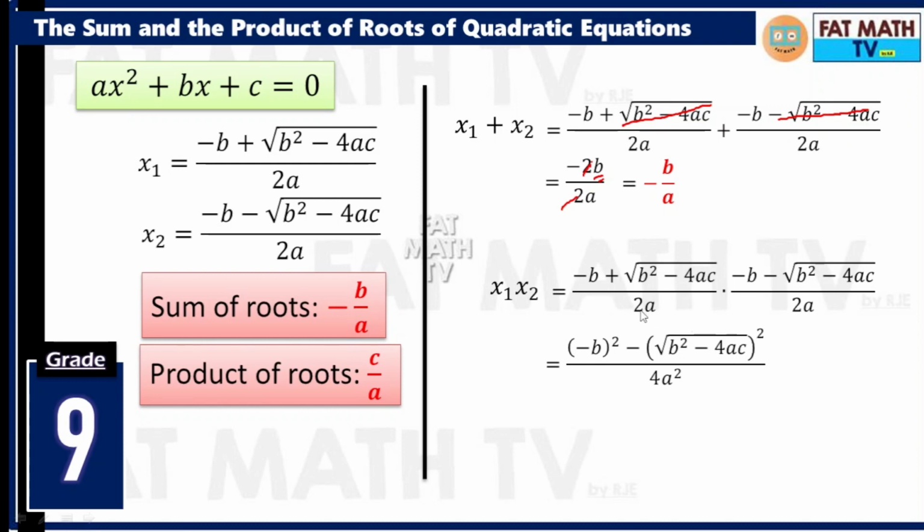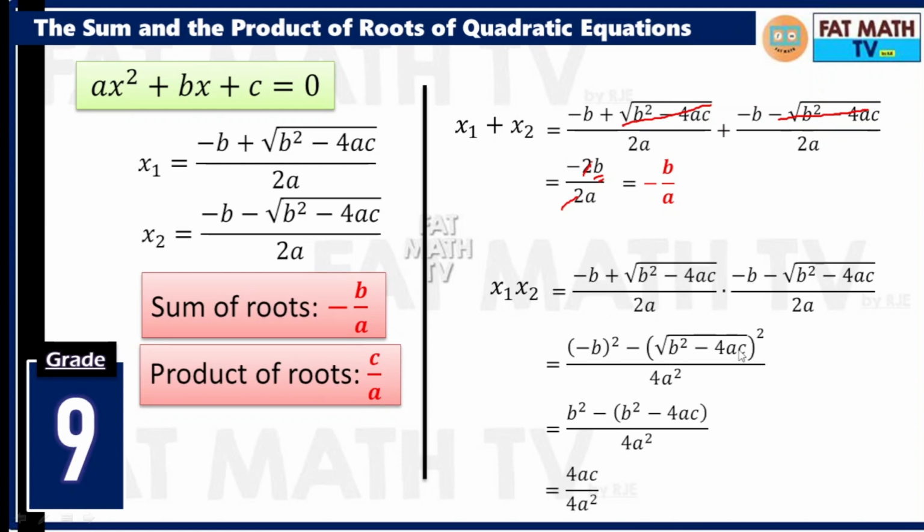And then for the denominator, you have 2a times 2a, that's 4a squared. The square of negative b is b squared. And then the square of a square root is just what is inside. So b squared minus 4ac. So if you have square root squared, the square and the square root will cancel. You will have b squared minus 4ac, but you should not forget to distribute this minus sign here. So you should put parentheses first and then distribute the negative sign.